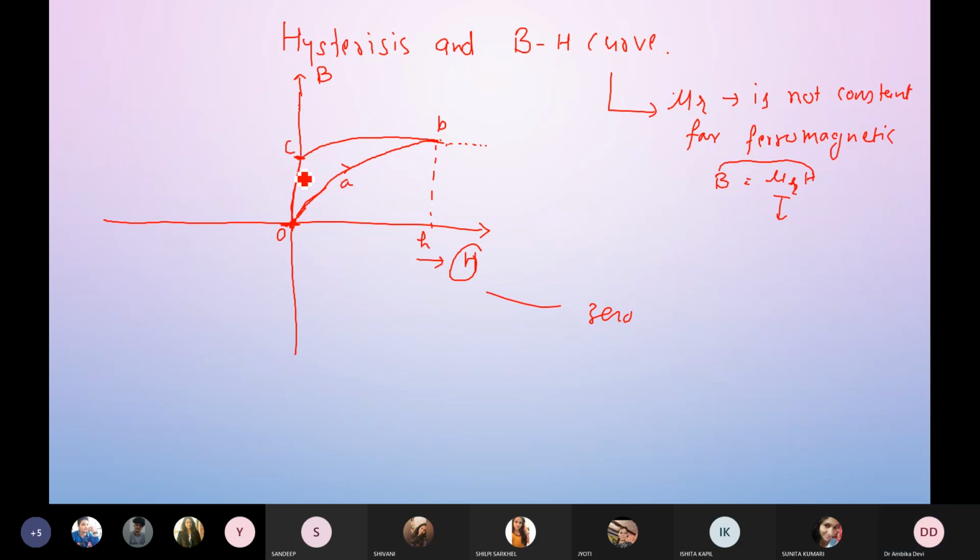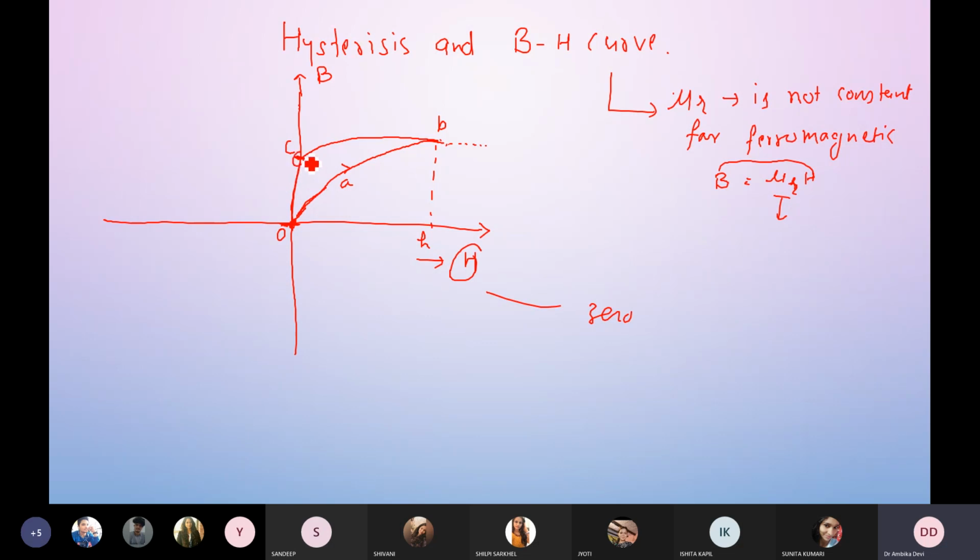It means that the flux density in the sample depends not only on the magnetic intensity alone, but on the magnetic history of the sample as well. So at this point C, the specimen has become a permanent magnet.